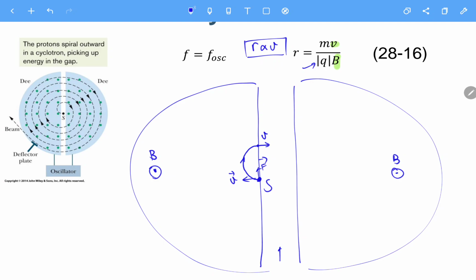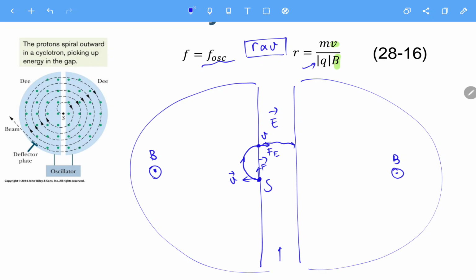So this E field will change direction frequently, at a specific frequency. This frequency is this one. Suppose the proton goes to this side, we will generate the E field pointing to the right side. And in that case, there will be a force Fe acting on the proton, so it will accelerate.